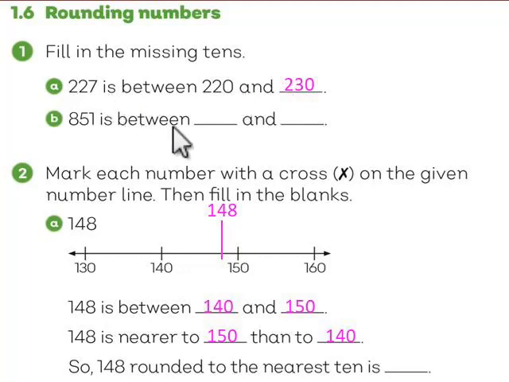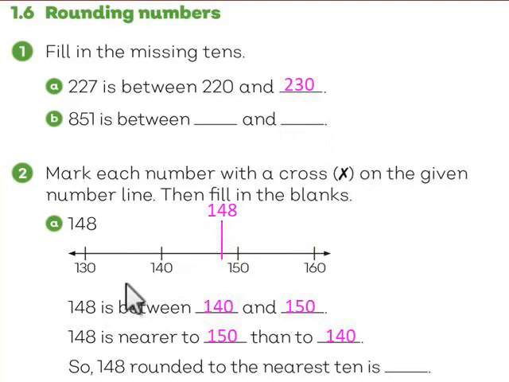If we make a number line starting from 850 to 900, 851 is between 850 and 900. So you will write 850 and 900.